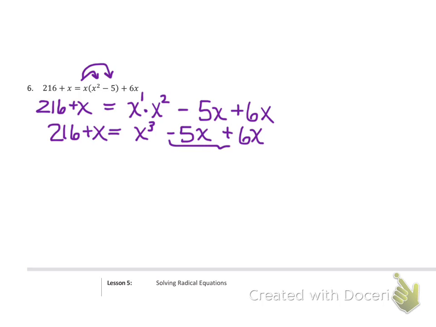So now I can combine those two terms. I've got a negative 5x and a positive 6x. So I've got 216 plus x is equal to x cubed. And then negative 5x, positive 6x, will be negative 5 plus 6, which is 1. So this is just plus x.